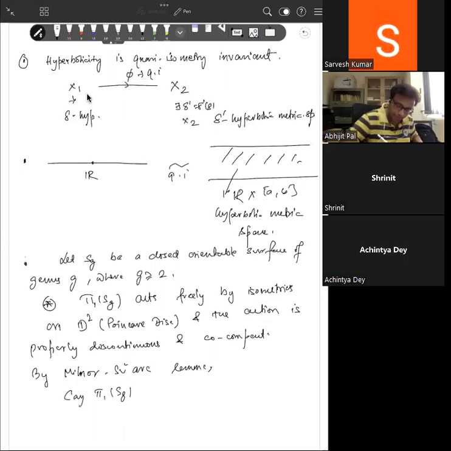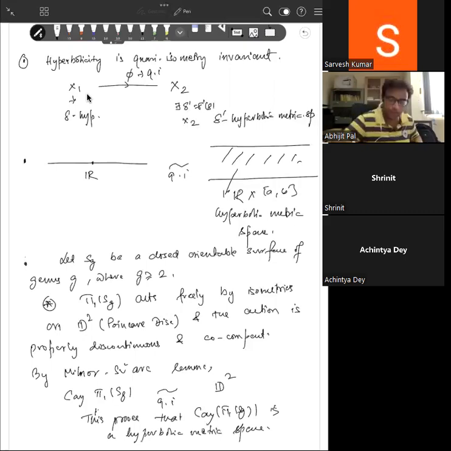So this proves that the Cayley graph of the fundamental group of the surface is a hyperbolic metric space. Any question?